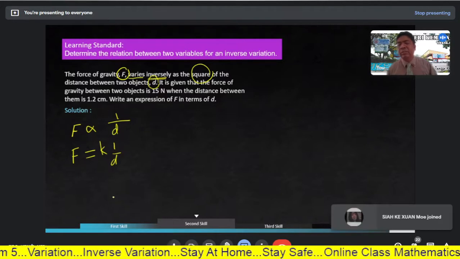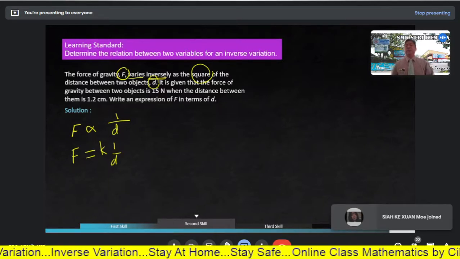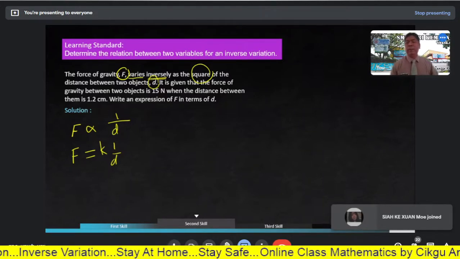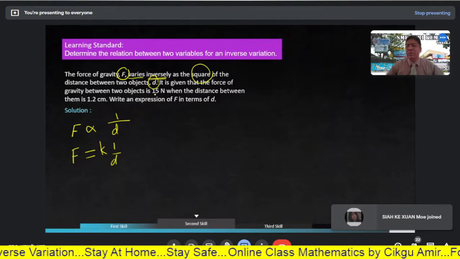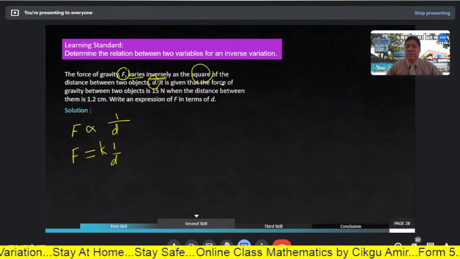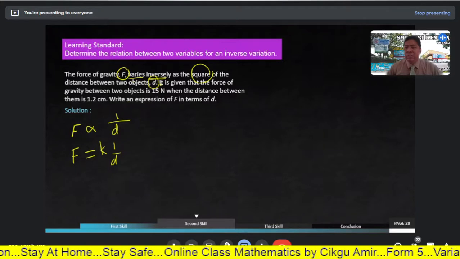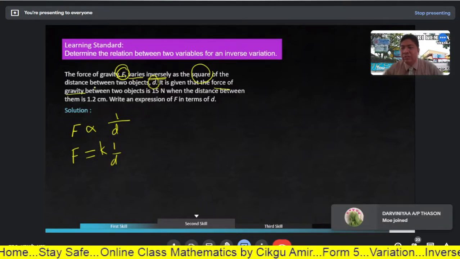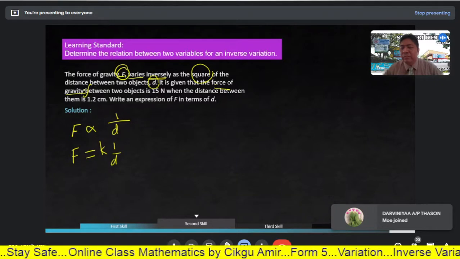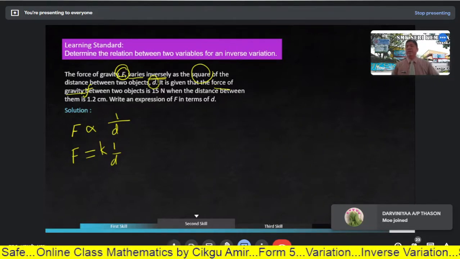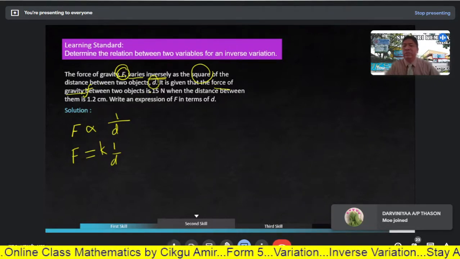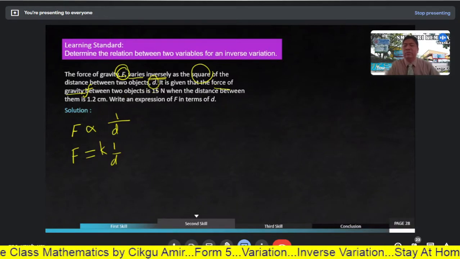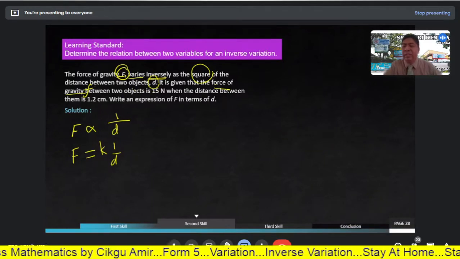An expression of F in terms of D. So we have here the force of gravity is F, between two objects, the distance between two objects, D.